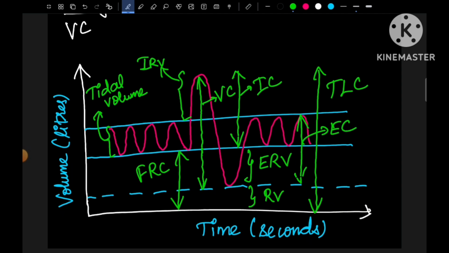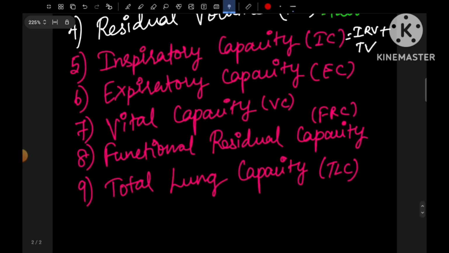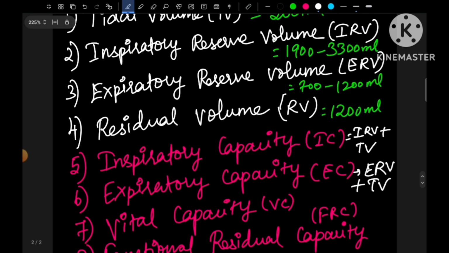See here guys, this is ERV plus TV, tidal volume. So this is expiratory capacity. It is ERV plus tidal volume.